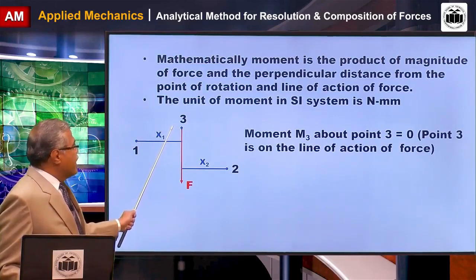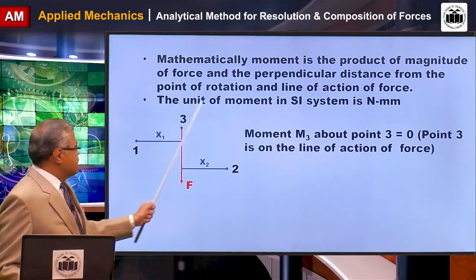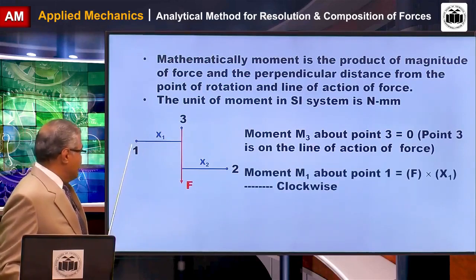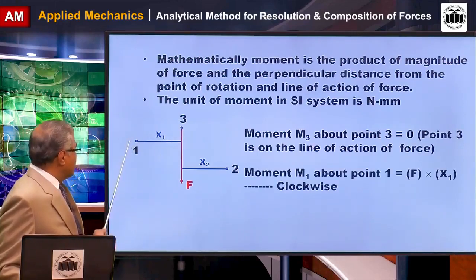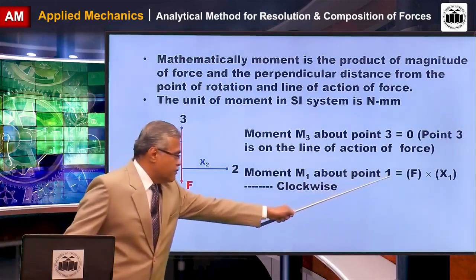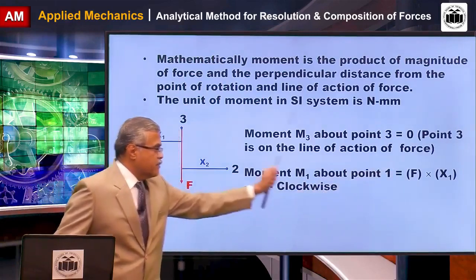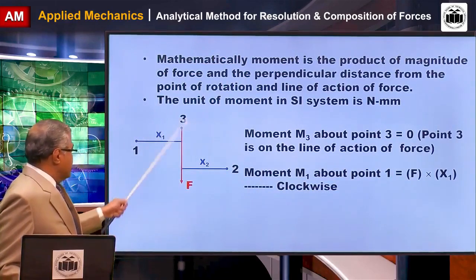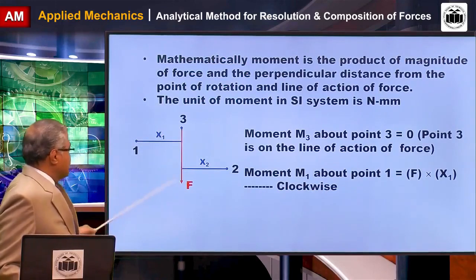Therefore moment M3 is equal to 0. Then next is moment M1. M1 means the moment of force F about point 1. So the moment of force F about point 1 is equal to F into x1, because F is the force and x1 is the perpendicular distance. But we can see that this F is producing the rotational effect in this direction, that is clockwise direction.